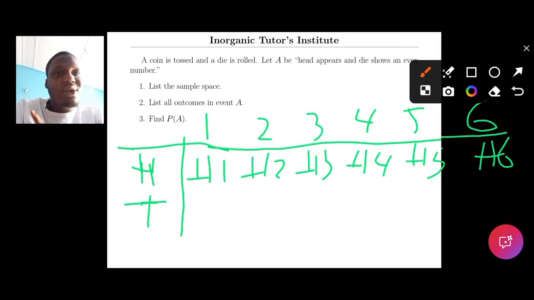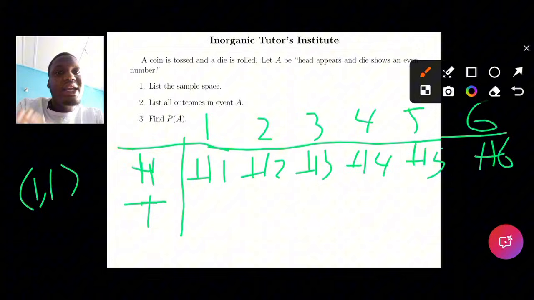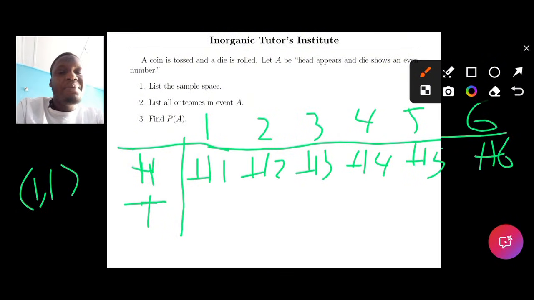Remember, we used commas before because they were all values, so writing 1 1 might seem like 11. That's why we wrote 1, 1, just to create a difference. But here we have variables and numbers, so you can just write H1, H2, H3. So H1 will mean getting a head after the toss and getting a 1 after the roll.